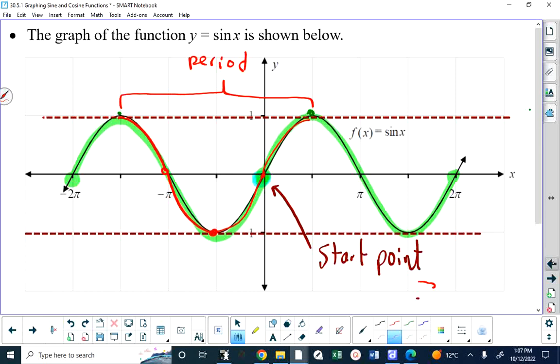And it doesn't matter where I start. I could start here. Up, down, down, up. Well, from here to here is the period, which is 2 pi. So any complete cycle is the period.